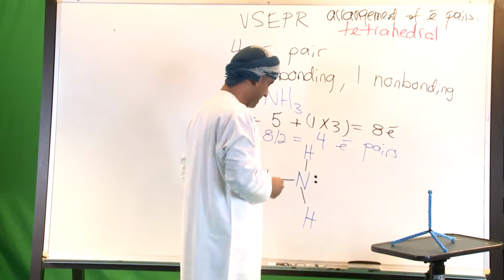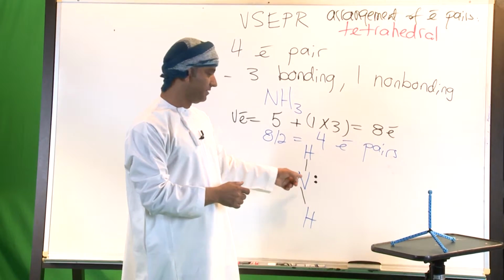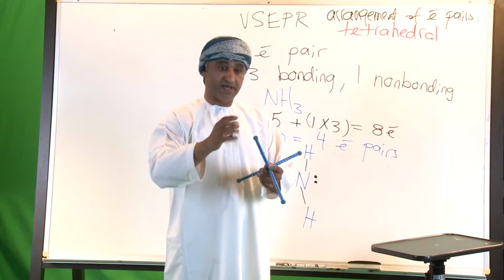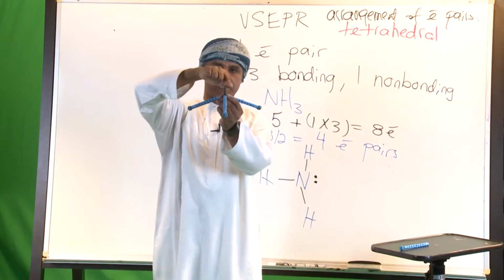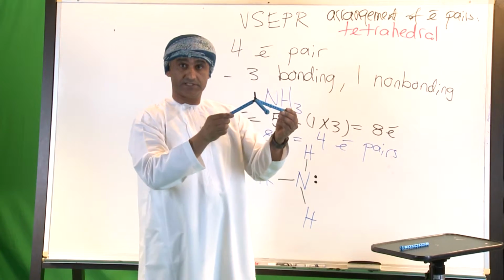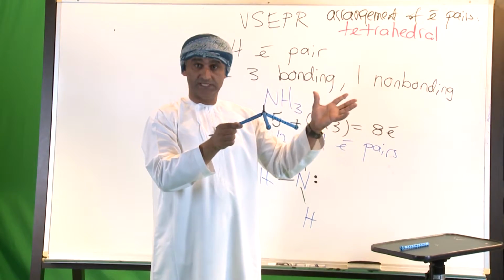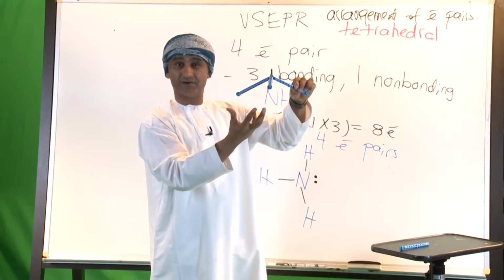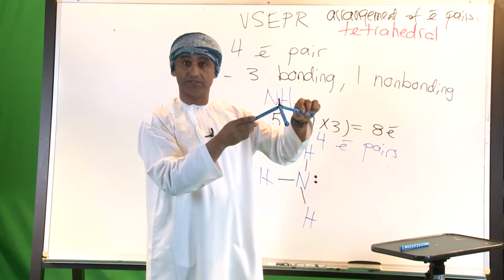But the molecular shape, however, may not be tetrahedral because now there is a lone pair. So we can actually represent that by taking one of these bonds off. Now, that's basically like the lone pair. If you look at this molecular shape, you will find out it's no more tetrahedral. If you look at this shape, it's like the shape of a pyramid, but triangular. So this is triangular pyramidal or trigonal pyramidal.